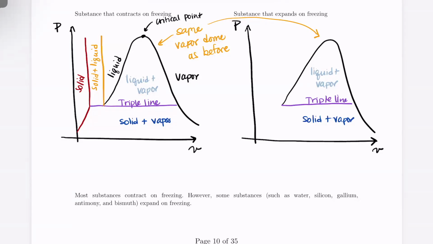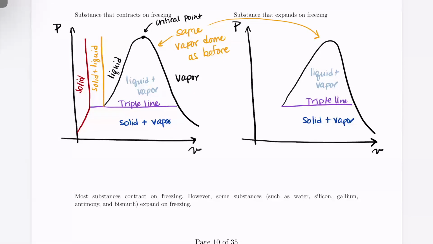Okay. If our substance expands on freezing, our solid line is a little bit different. So this is our solid and liquid.